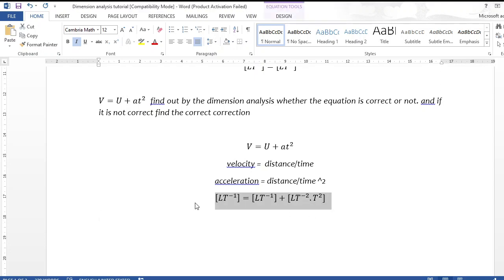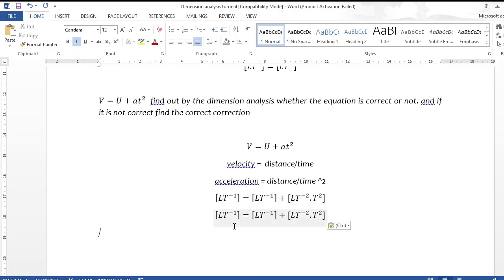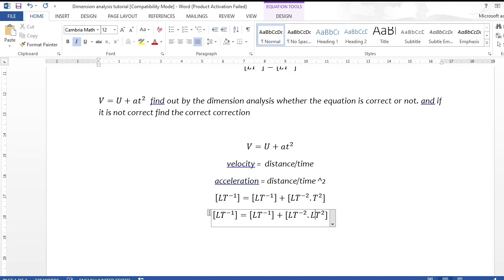If you look at the right hand side, the dimensions of time don't have L. And we said if somewhere the dimensions are not equal with the other dimensions in the equation, you introduce the missing dimension, but you raise it to the power 0. So by raising, we have the dimensions which are the same.